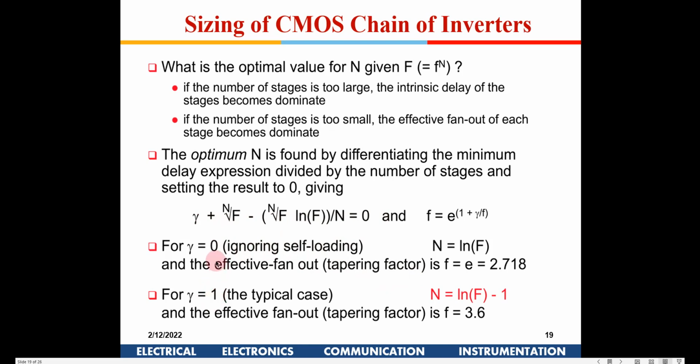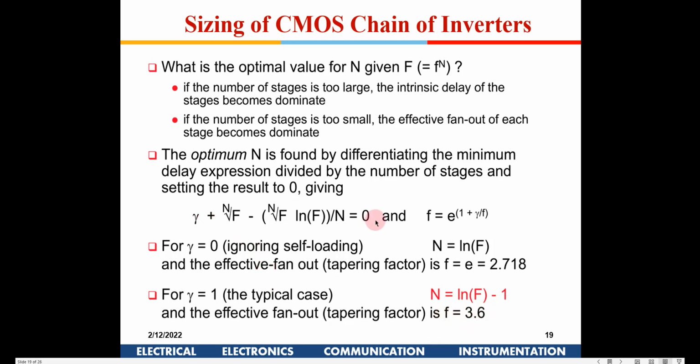If I differentiate it and for gamma equal to 1, which is the typical case, equate it to 0, I will get the value of n, and once you get the value of n, you can compute the value of small f. So I get f equal to 3.6. This is the optimum value of f for which the delay will be the minimum.